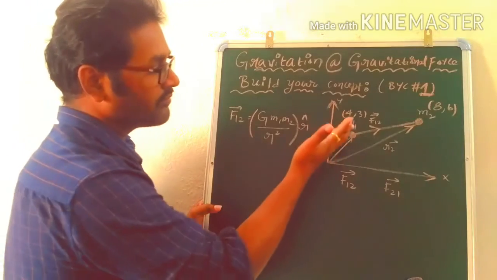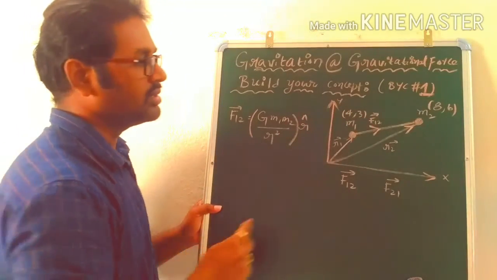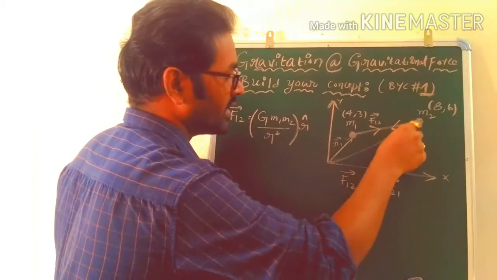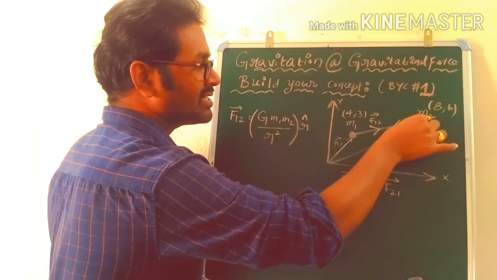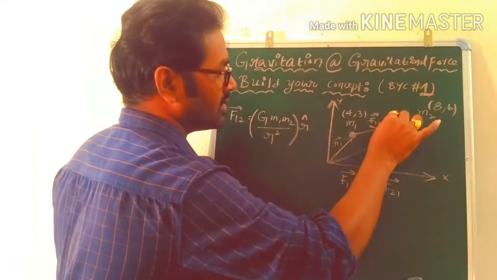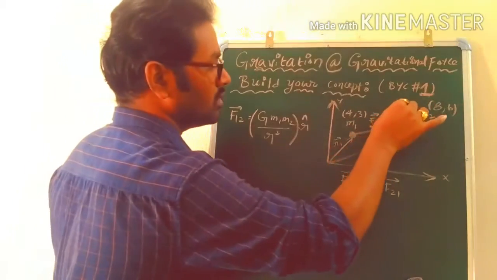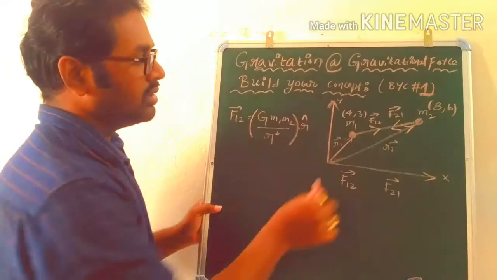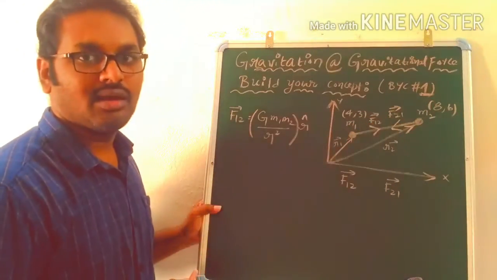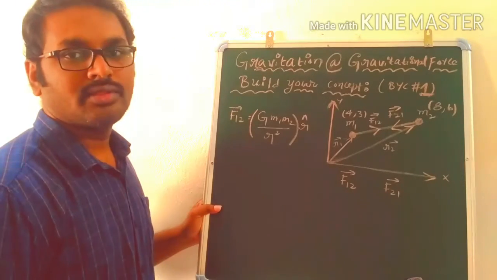Similarly, the force acting on the second particle due to the first particle is given by F21 bar. It is clear these two forces are acting opposite to each other. We need to find their values.